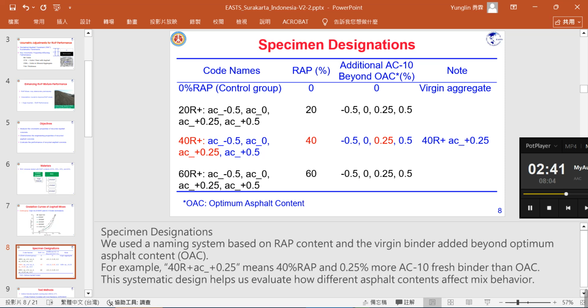For example, 40R plus AC underscore plus 0.25 means 40% RAP and 0.25% more AC10 fresh binder than OAC. This systematic design helps us evaluate how different asphalt contents affect mix behavior.